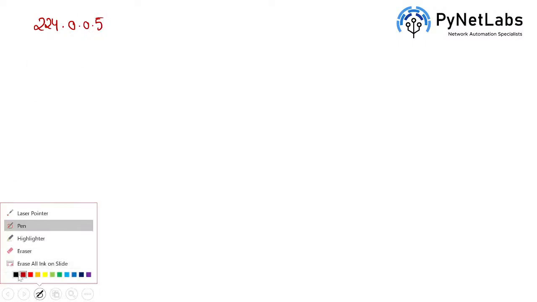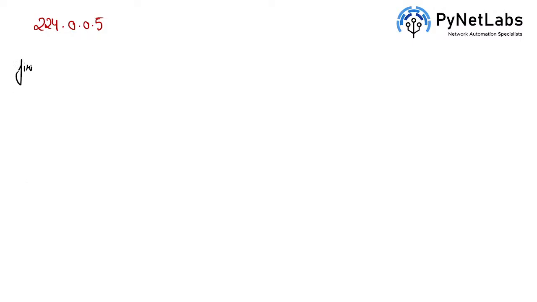As I told you, the first 24 bits are reserved. The first 24 bits are 0100 and 5E. So these are the reserved values. If we convert all these values, for 0 we get 0000, and for 1 we get three 0s and a 1.